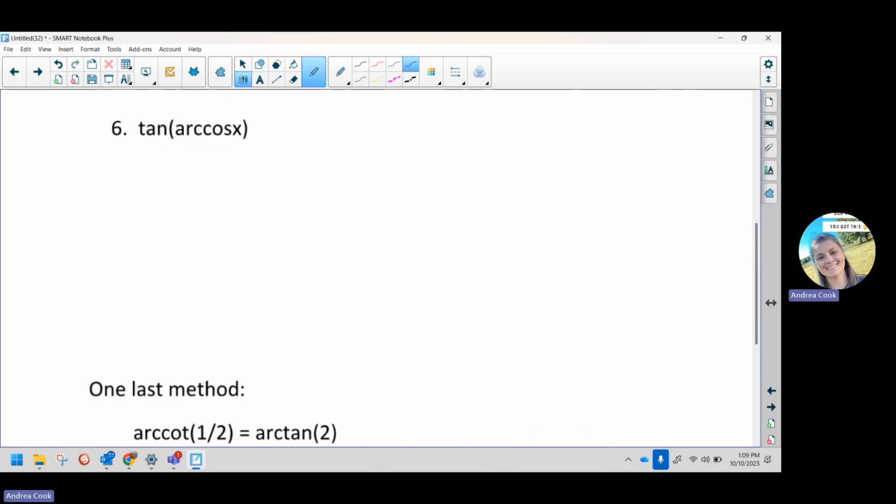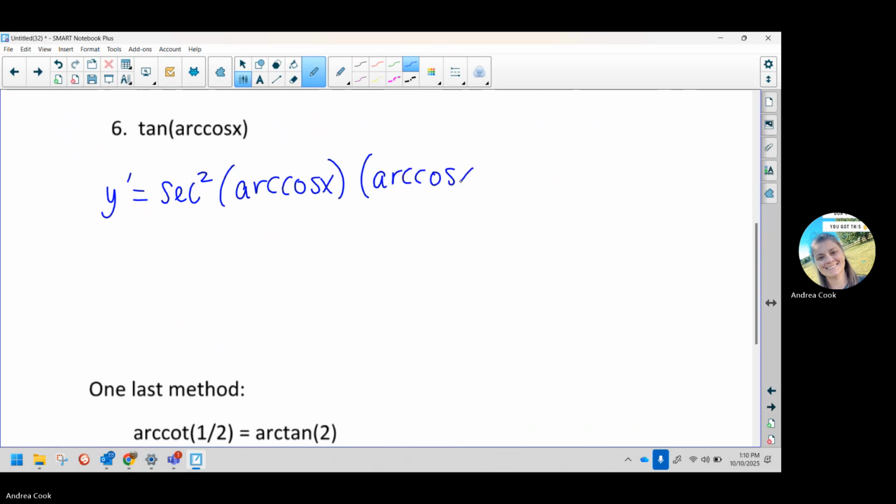All right, the last problem is a function inside of a function. So it's chain rule. What's the derivative of tangent? I keep the inside the same, but then I have to chain on the derivative of the inside. So I have to use a formula for that.